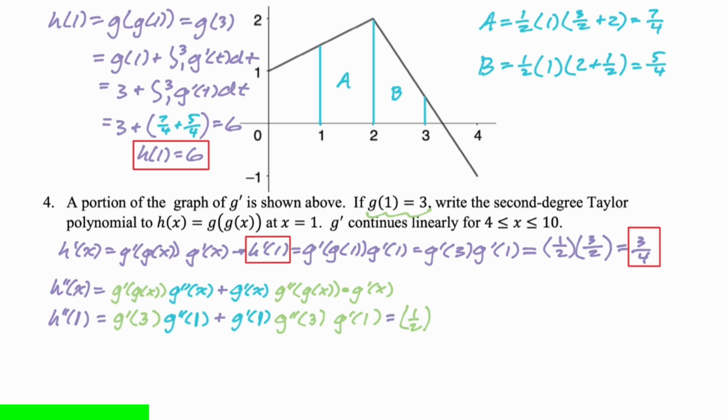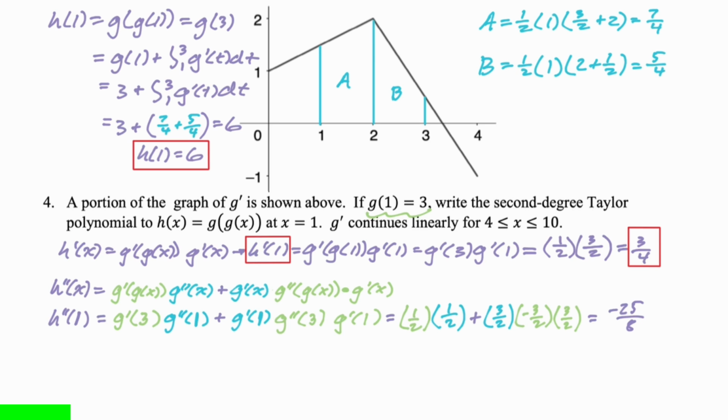G double prime of 1 is the slope of the graph at 1, which is up 1 over 2, so 1/2, and g prime of 1 is the value of the graph at 1, which is 3/2. G double prime of 3 is the slope of the graph at 3, which is down 3 over 2. And then g prime of 1 is the value of the graph again, which is 3/2. Okay, we get 1/4 minus 27/8. That's 2/8 minus 27/8, negative 25/8.